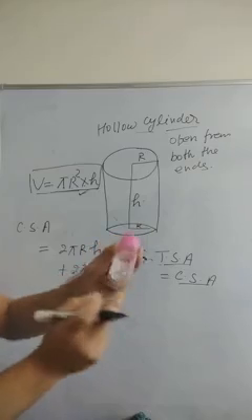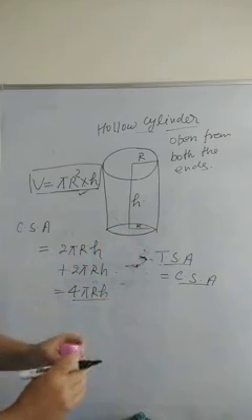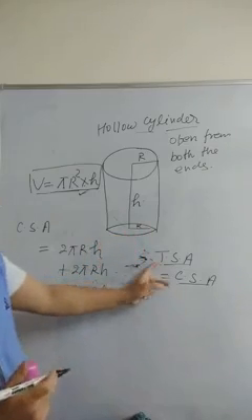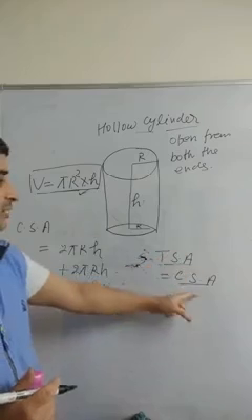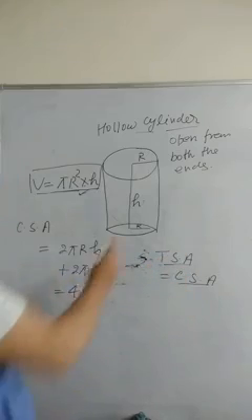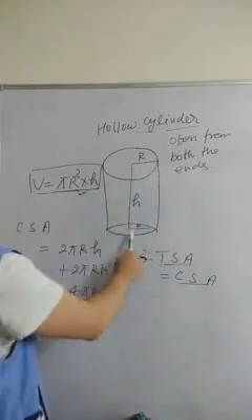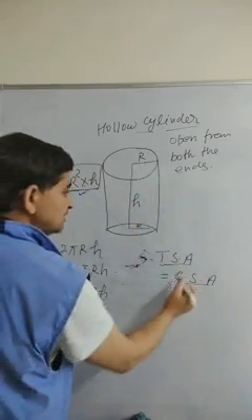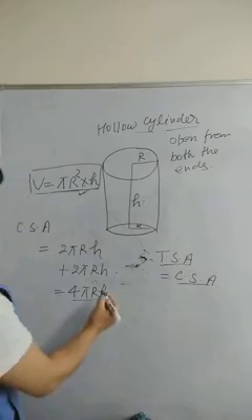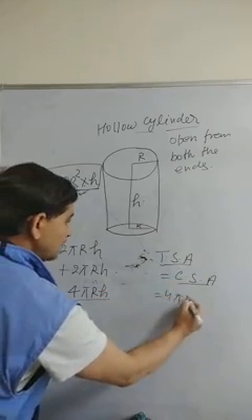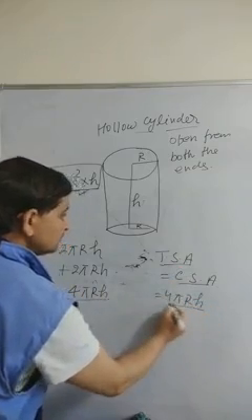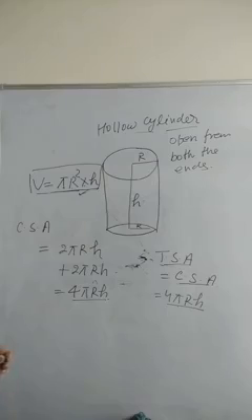There is no top, there is no bottom, so no part is left to be painted. Therefore, whatever the curved surface area is, that will be equal to its total surface area. So in the case of a hollow cylinder with both ends open, the total surface area will also be 4 pi r h. Got it? This is for a hollow cylinder with both ends open.